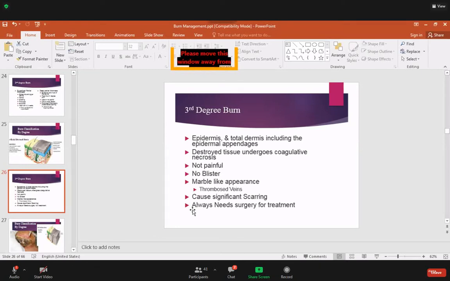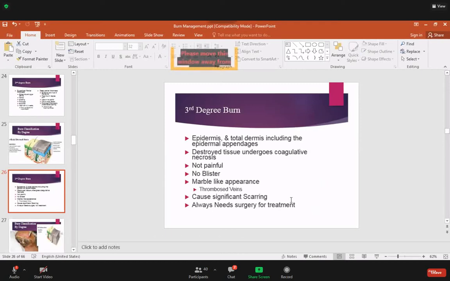What is marble? If you see marble, it is flat white with some reddish streaks. So if you see these burnt patients, they will have reddish streaks because of the thrombosed vessels, and the color of the skin will be white, as compared to the second degree burn.